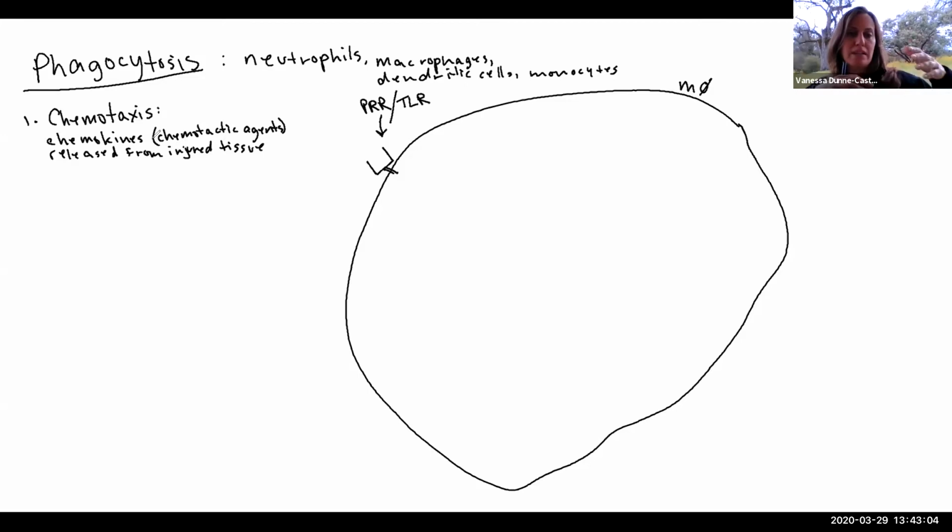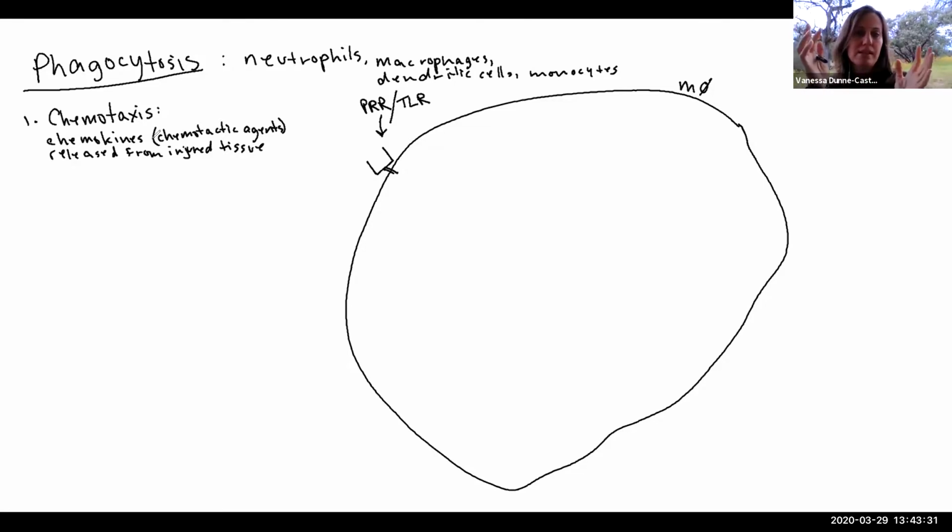And once that chemotactic agent reaches the blood, then it can seep into the blood, and that's where any of our circulating white blood cells can actually sense and respond. So these macrophages, which would be monocytes out there, or neutrophils, would be floating through our circulation. They would sense that chemotactic agent and immediately arrest their motility through the blood and pass into the tissue, and then move with that gradient to the site of injury.